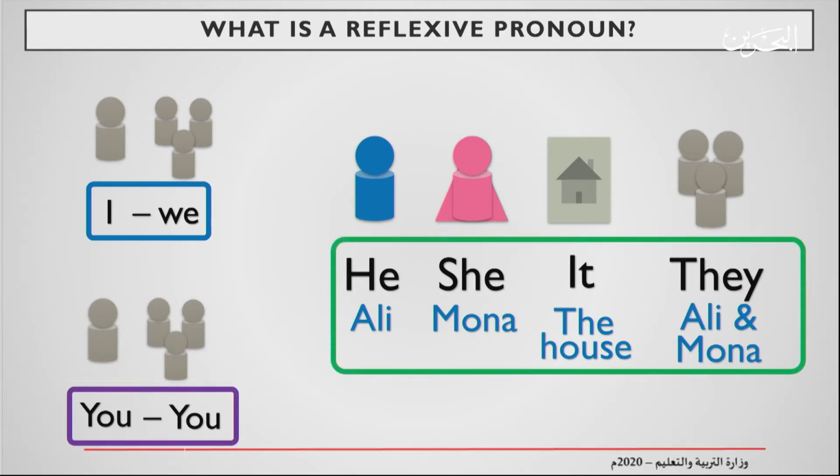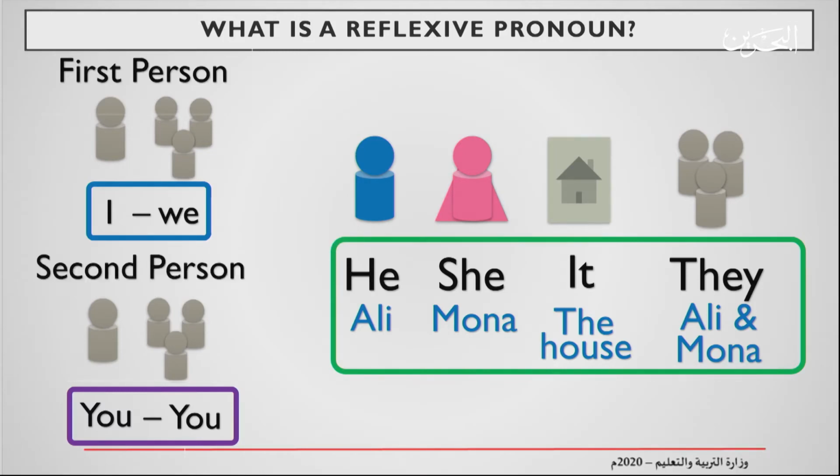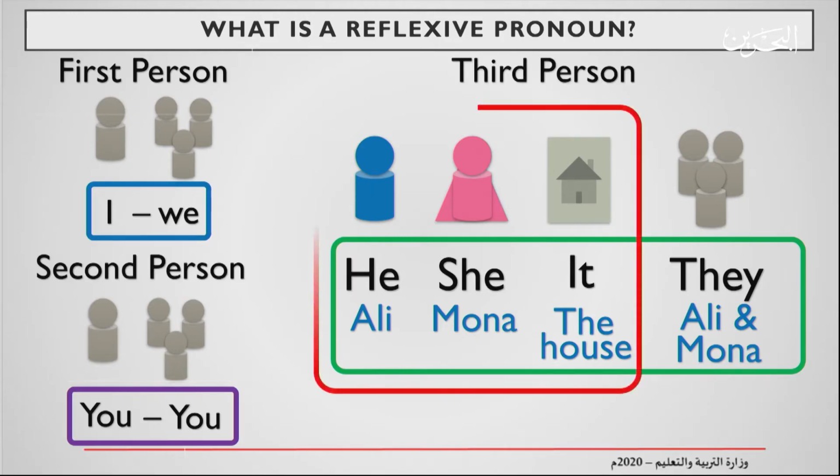The first one, we call it first person. Second one, second person. The third one, third person. And in the third person, we have this category, which is very important for later grammatical rules.